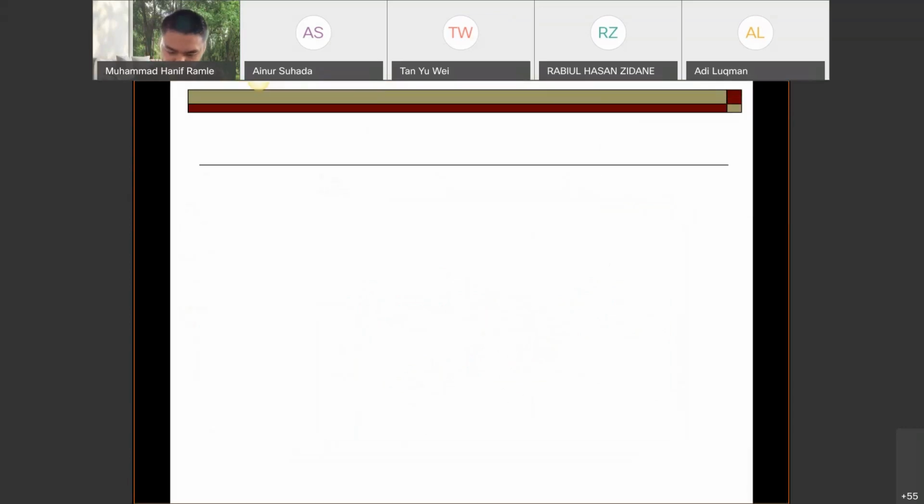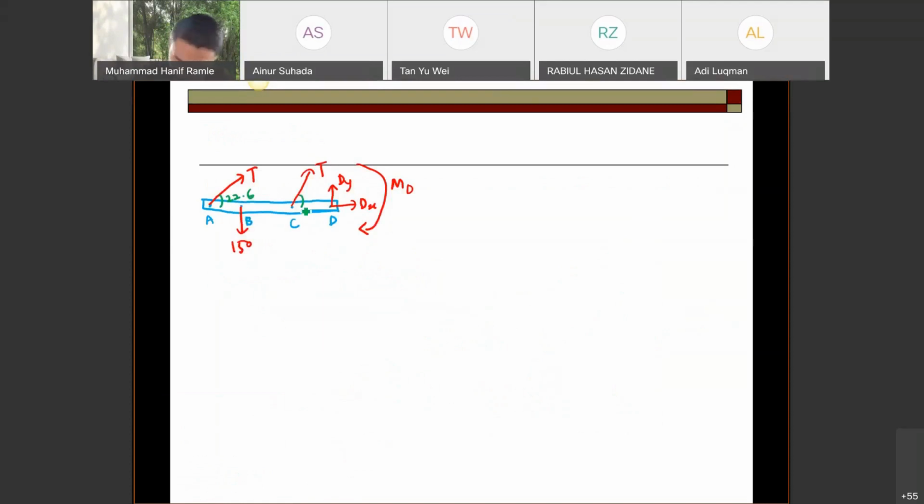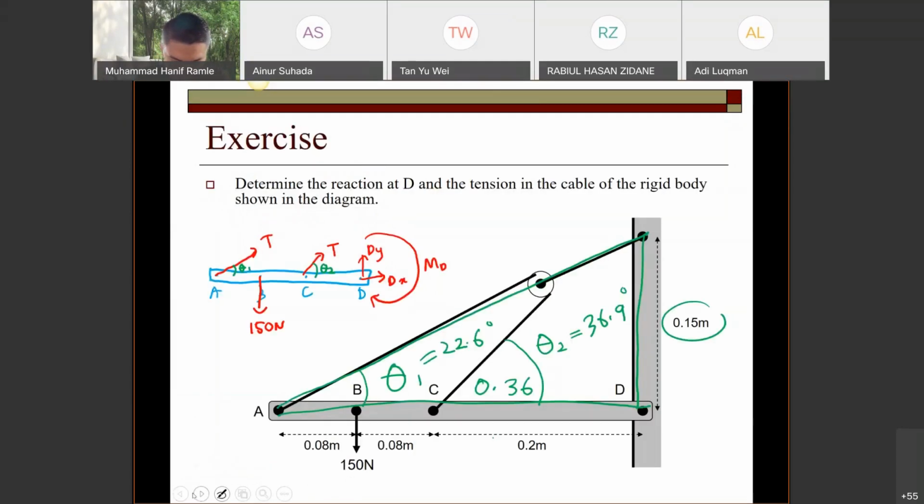Let me draw the FBD again here. A, B, C, and D. Then we have the tension at E, tension at B, reaction at D, and force at B. Theta here is 22.6 and 36.9. And the last one is the dimensions, which are 0.08 and 0.2.